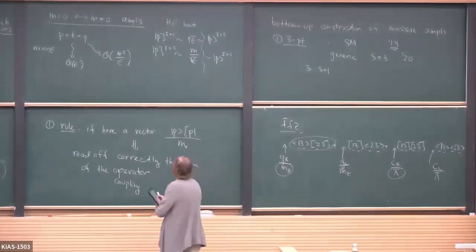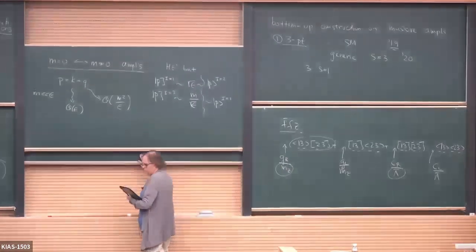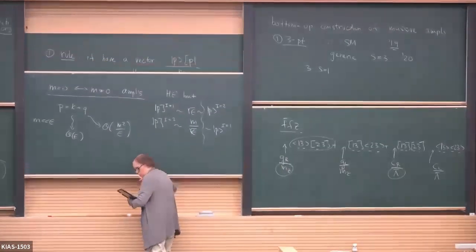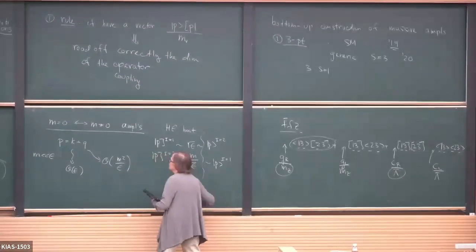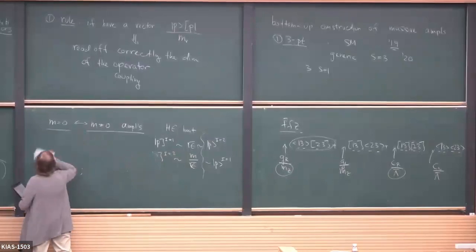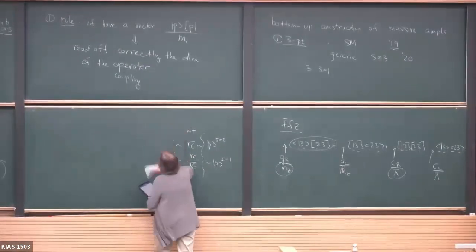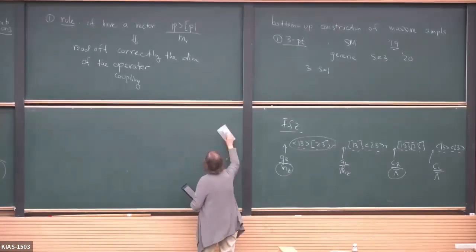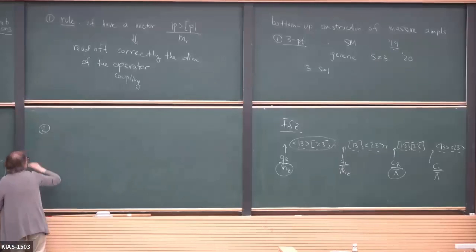So that's the first way to see this normalization. Now let me convince you that this is really correct. So this is the second way to see this.